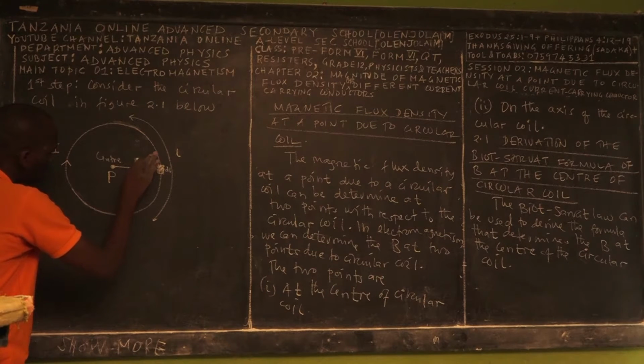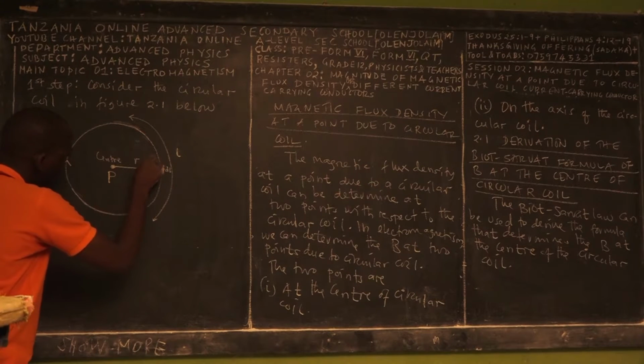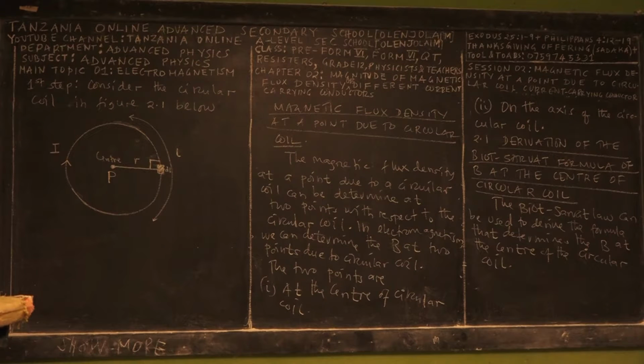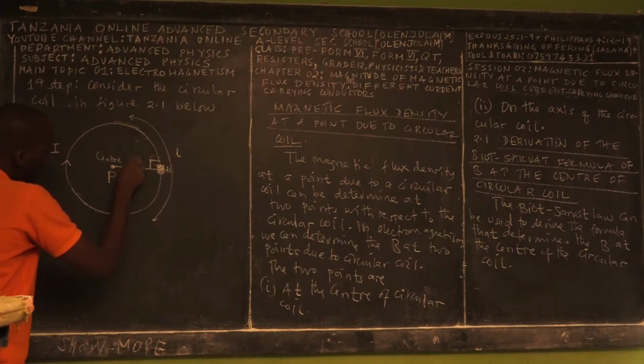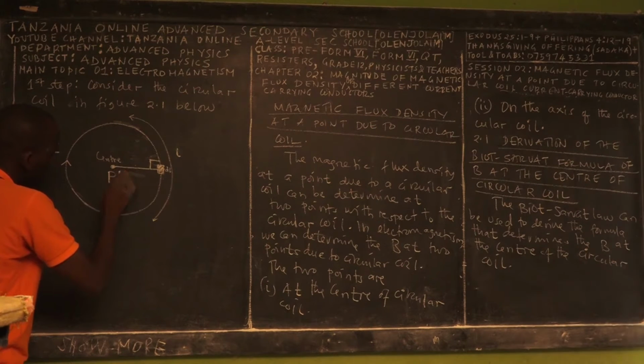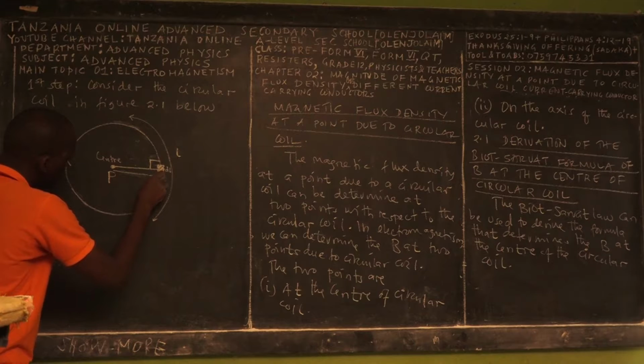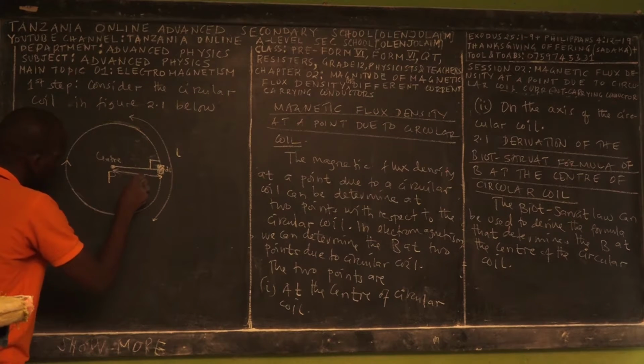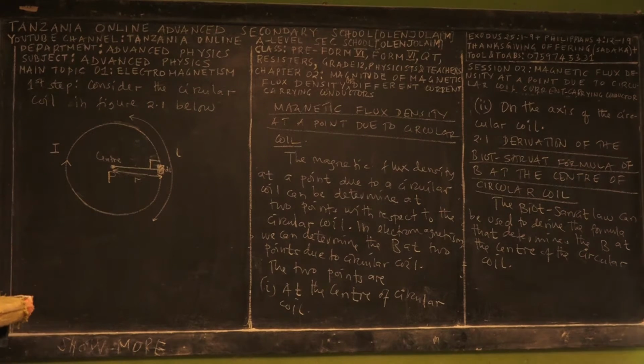So this is 90 degrees. That is the next concept. Now, the distance from the center to this small segment is R. We have a current flowing in this direction, so the current is circulating.